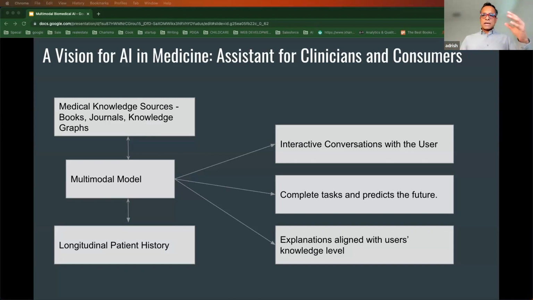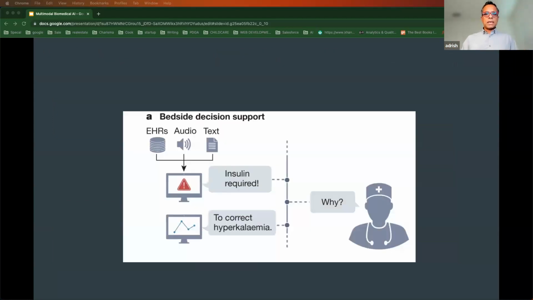Now, how do you realize this vision? Here are some examples. This is an example of a decision support system where, let's say, insulin required is one of the triggers or alerts, but then the clinician can ask, why are you saying it?